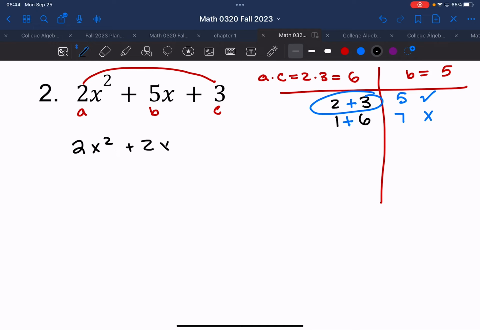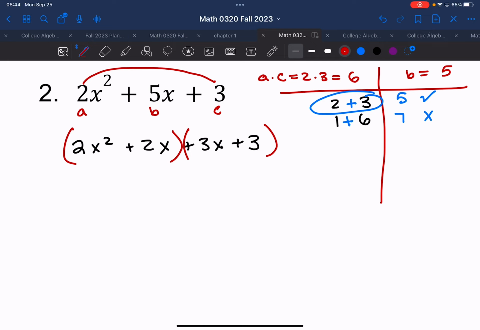So I'd write 2x plus 3x plus 3. Why is it easier to write the 2 first and not the 3? Because when we are doing our groups, it's easier to take a GCF when our numbers go together. So this 2 and 2 and the 3 and 3.